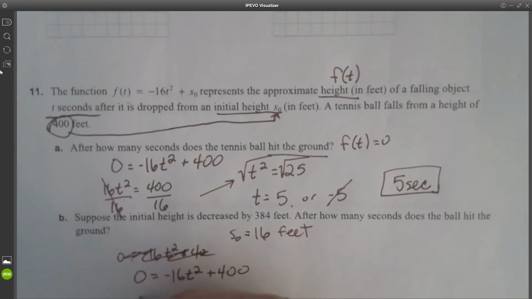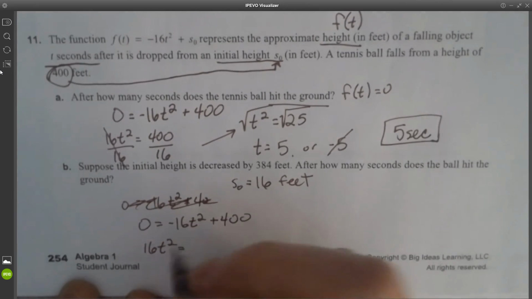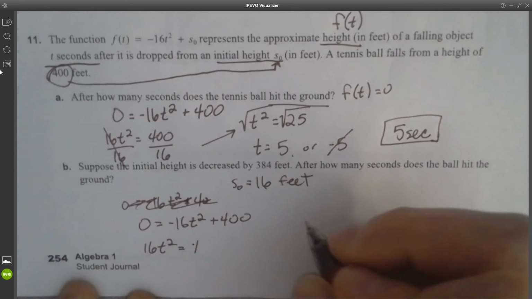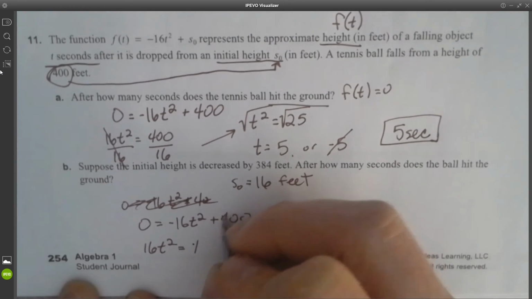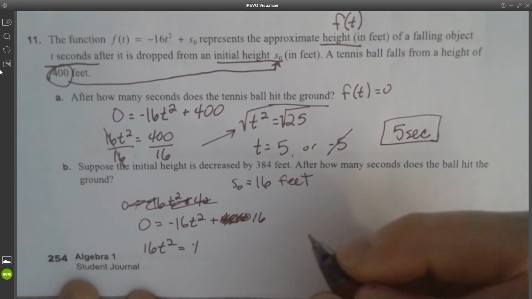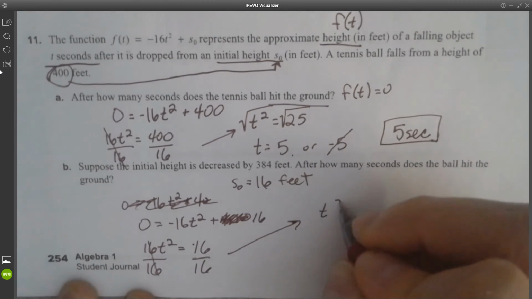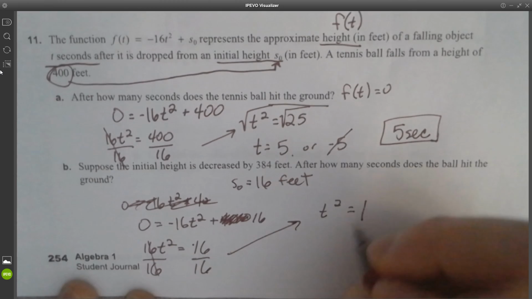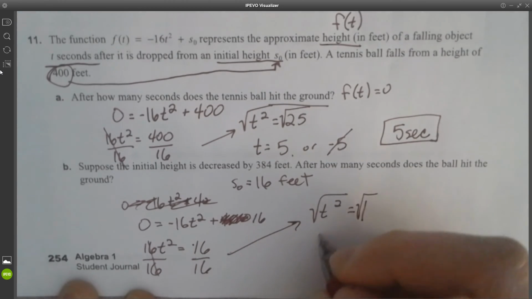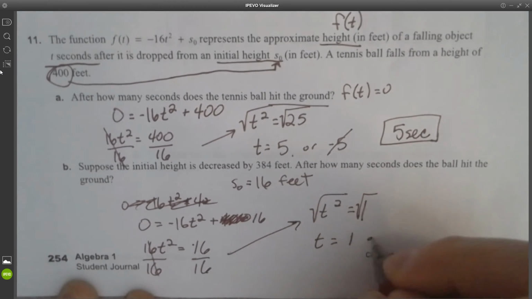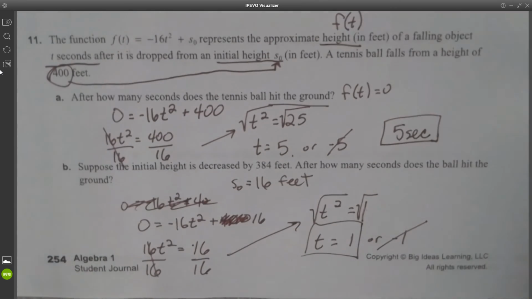If we add the 16t squared over, I wrote 400 again, sorry about that, I meant that to be 16. Then divide by 16, so now I have t squared equals 1. The square root of 1 is either positive or negative 1. Negative time doesn't make sense, so time is 1 second. And done. Thank you.